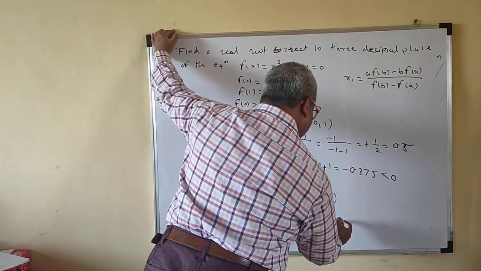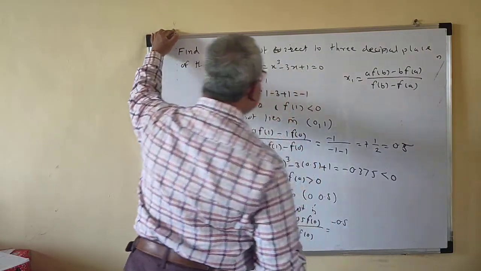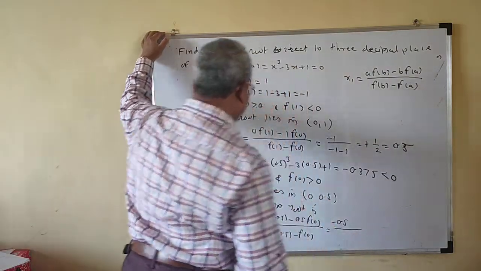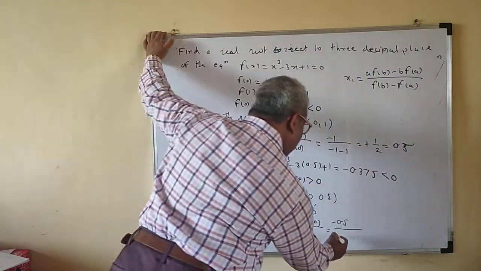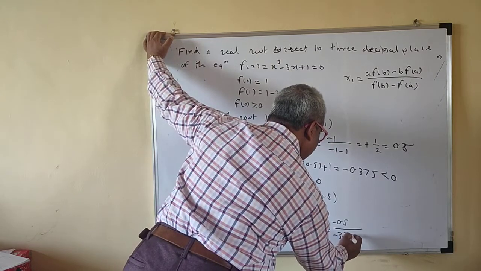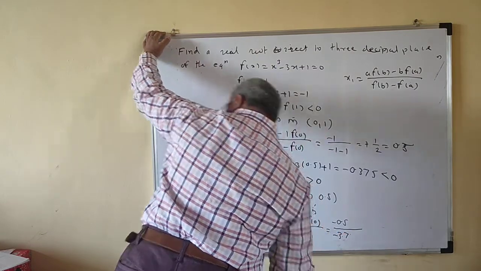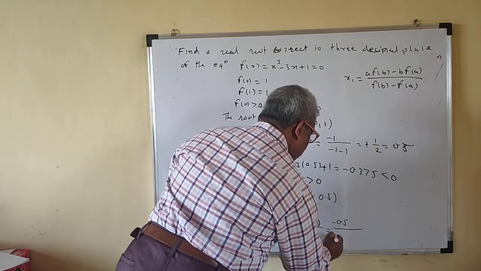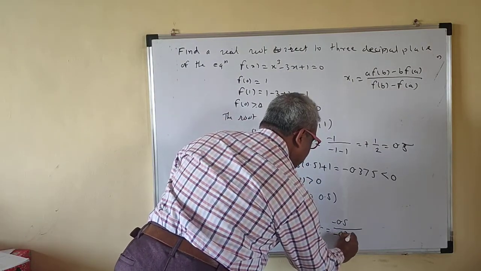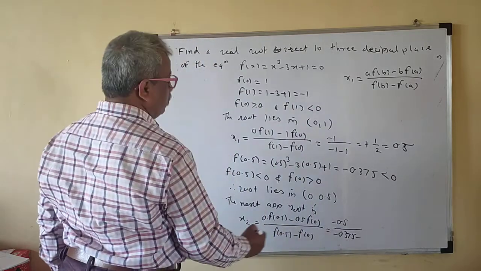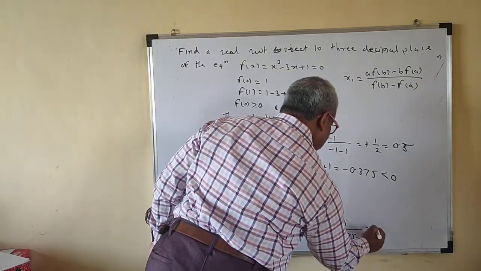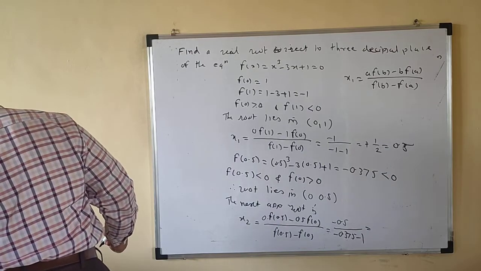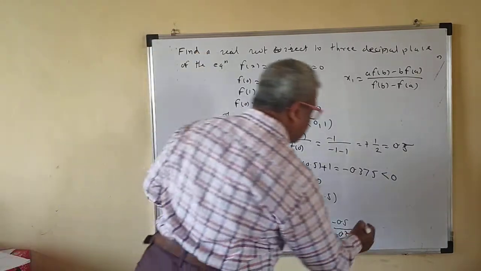This is minus 0.5 into f of 0. f of 0 is 1, no problem. So minus 0.5 upon f of 0.5. f of 0.5 is minus 0.375, minus f of 0 which is 1. So this value x2 is positive here. So the value of x2 is 0.3636.